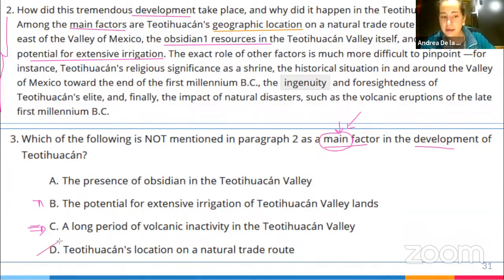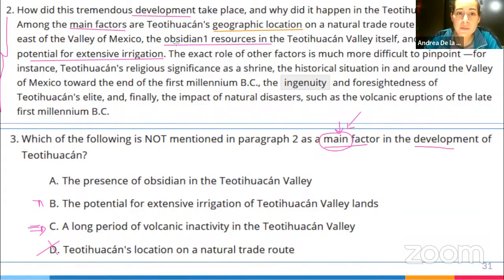Now we double check and we read everything, and it says Teotihuacan's location on a natural trade route. That's good. If it said something similar but different, like Teotihuacan's location on, I don't know, a surrounding trade route, that's not the same as a natural trade route. That would change things completely. But it's okay because it says the same.